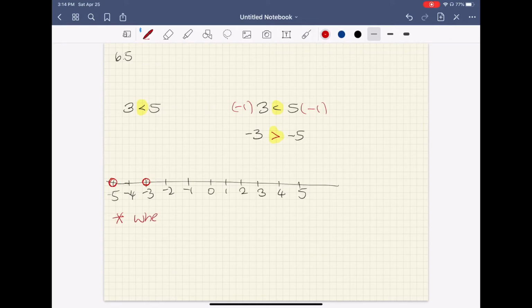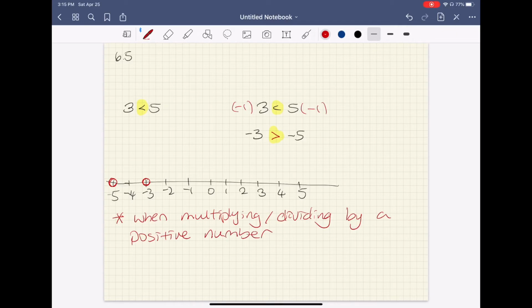So when multiplying or dividing by a positive number, the sign stays the same.